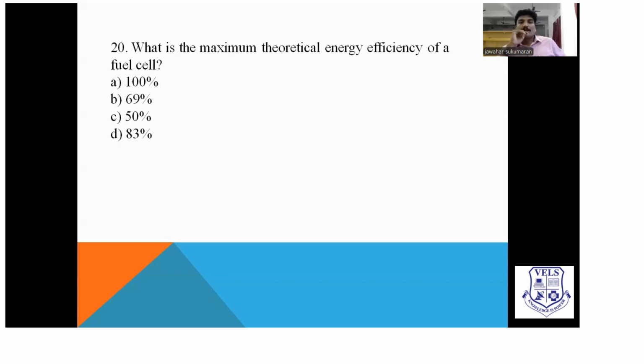What is the maximum theoretical energy efficiency of a fuel cell? A. 100 percent, B. 69 percent, C. 50 percent, D. 80 percent. 83 percent, D is the correct answer.